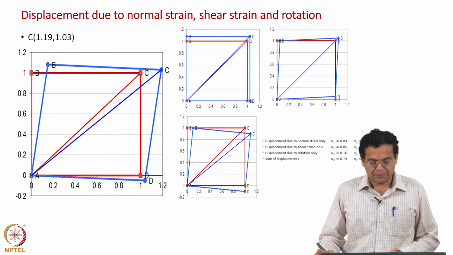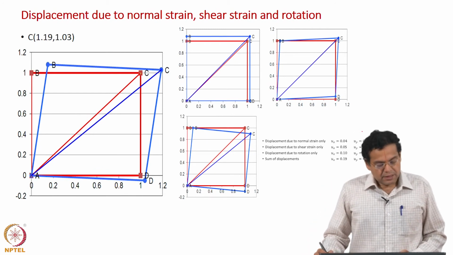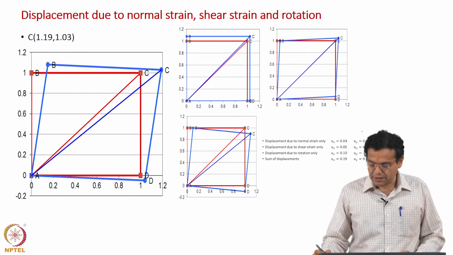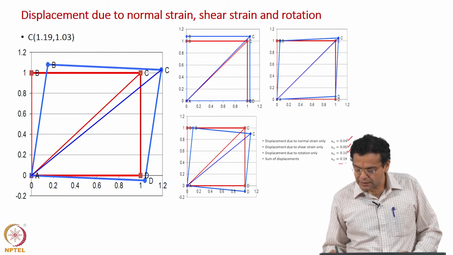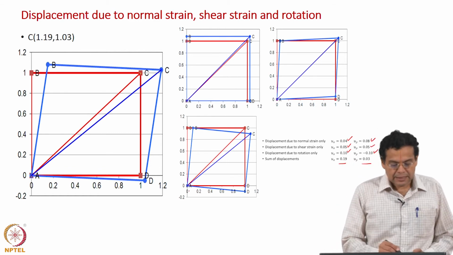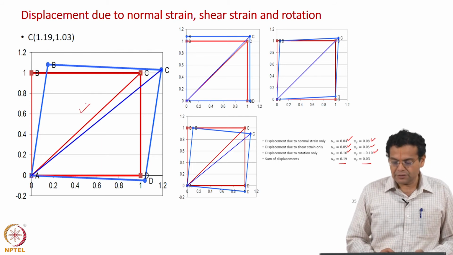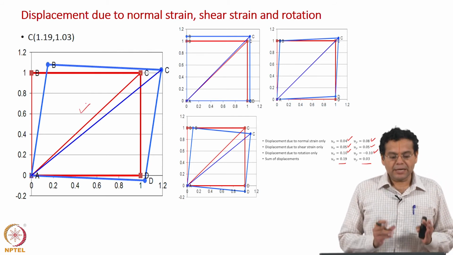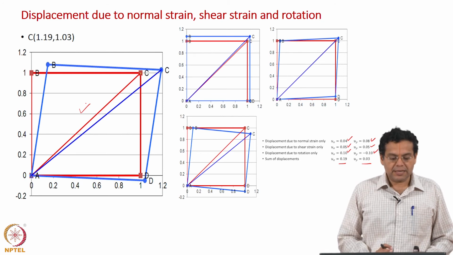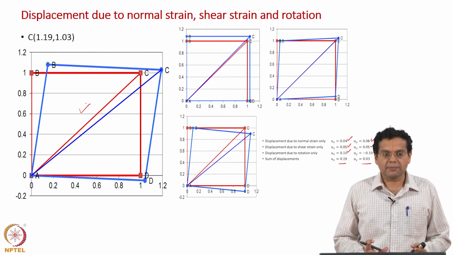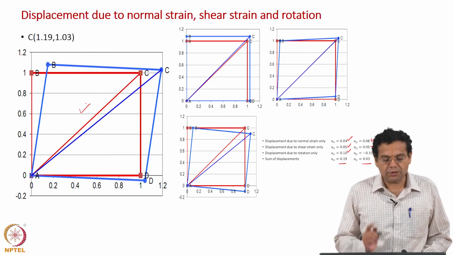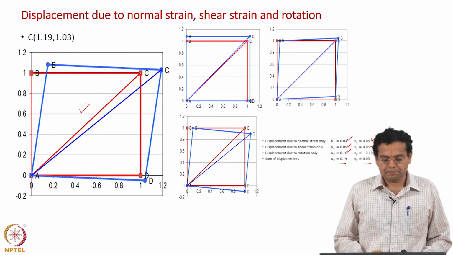And this is what is shown in larger sized figures. This shows the previous slide where the individual displacements are shown in the x and y direction, and the sum is also shown here. This large figure has been obtained two times. First, by considering only total displacement in terms of partial derivatives, which is more mathematical. We got the coordinate of C as 1.19, 1.03.